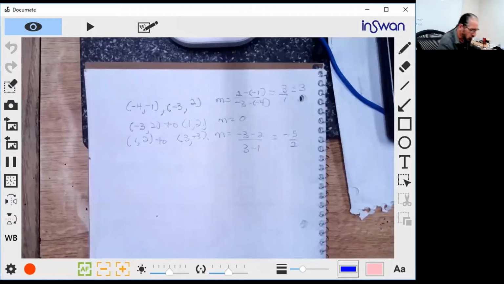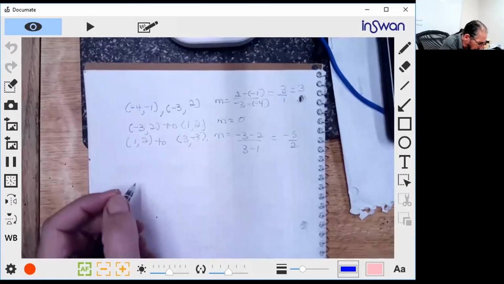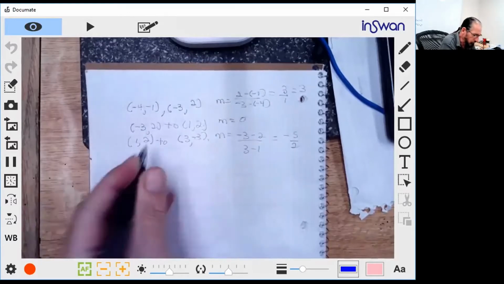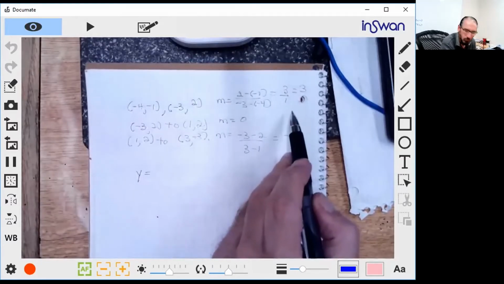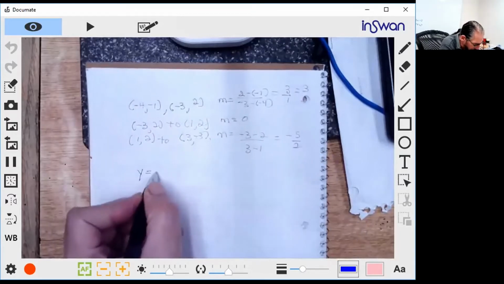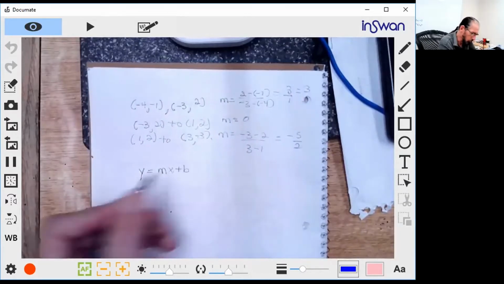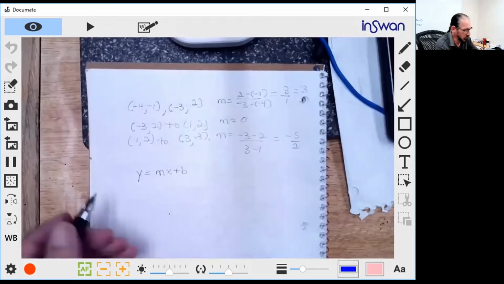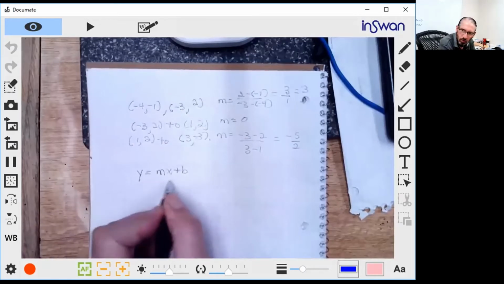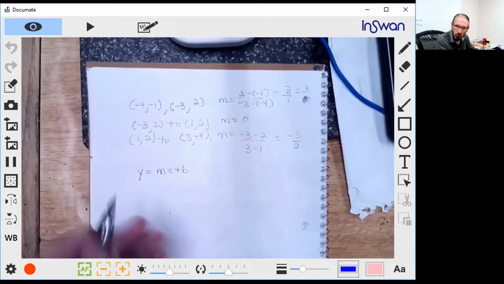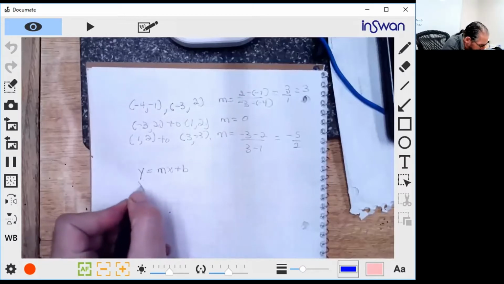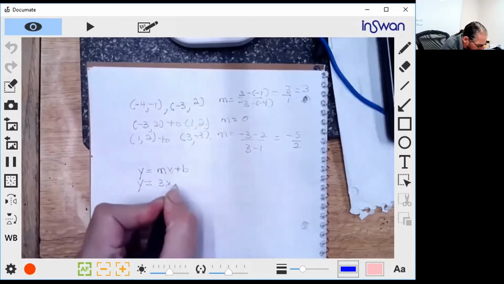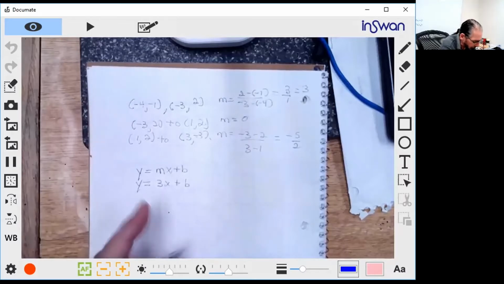Anyway, so remember, we're talking about a piecewise function. Each one of these pieces is going to have y isolated. So if I know on the first interval that the slope is 3, although we'll eventually replace y with f of x, I'd be looking to write it in y equals mx plus b form, since we had a portion of a line. And we already know that the slope is 3.